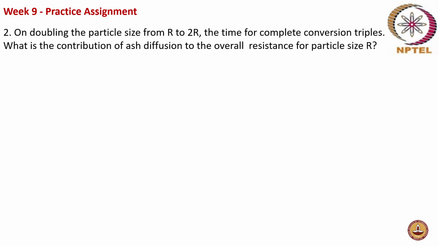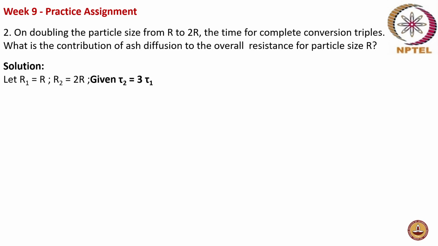question number 2. On doubling the particle size from R to 2R, the time for complete conversion triples. What is the contribution of ash diffusion to the overall resistance for particle size R? So they have given two conditions. In condition 1, your radius R1 is equal to R, whereas in condition 2, your R2 is equal to 2R.